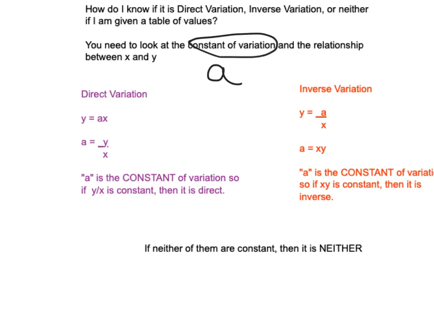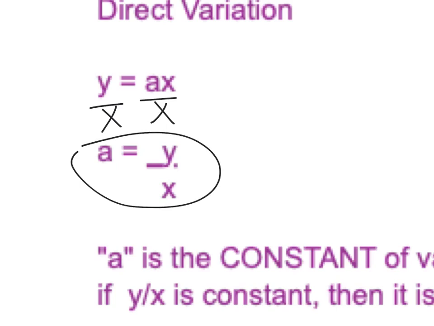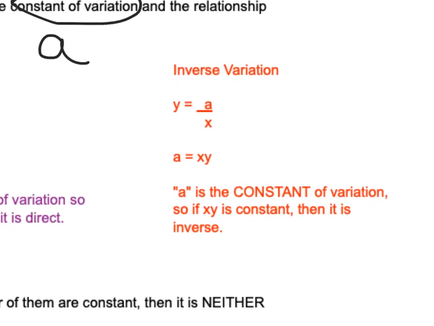And on the other side, I have inverse variation. When we have y all by itself, that means y equals a divided by x, and I need to multiply to get a by itself, so I'd have a equals x times y.